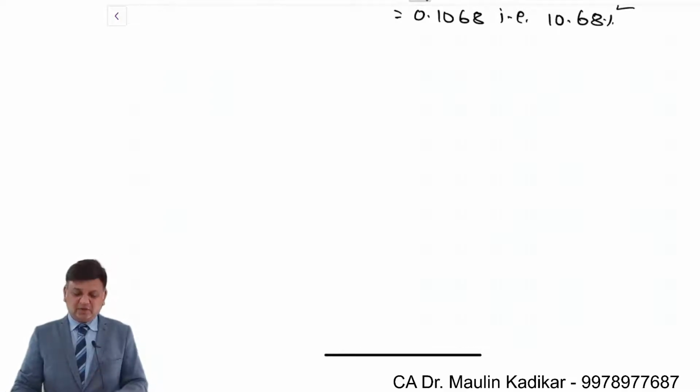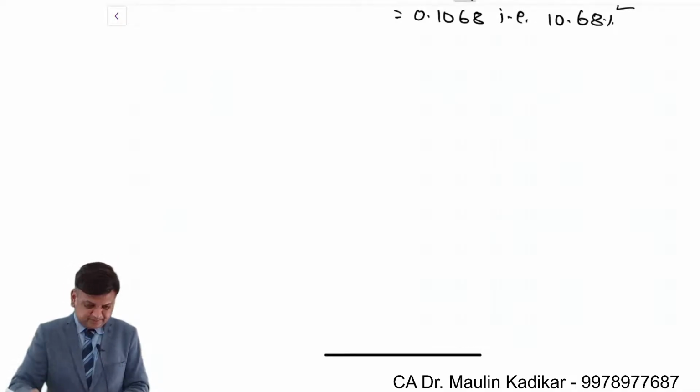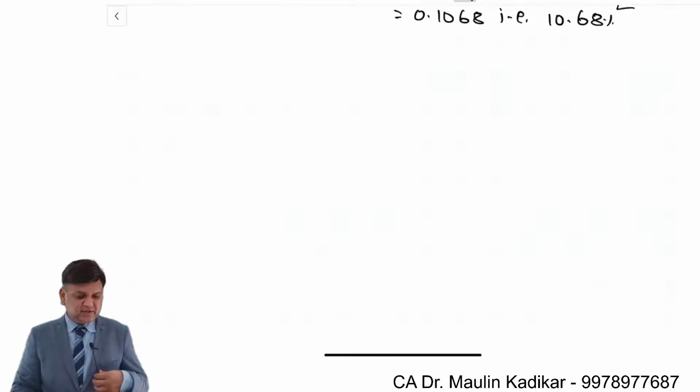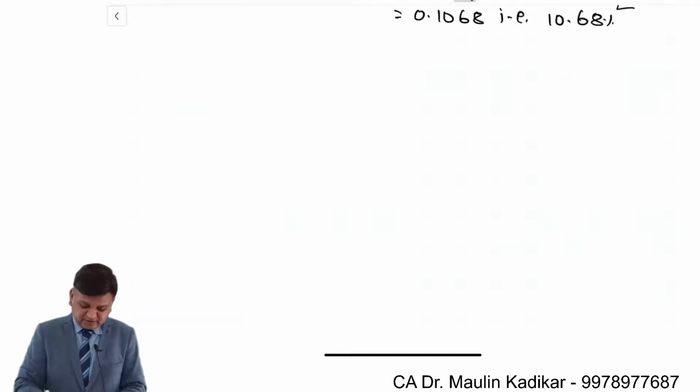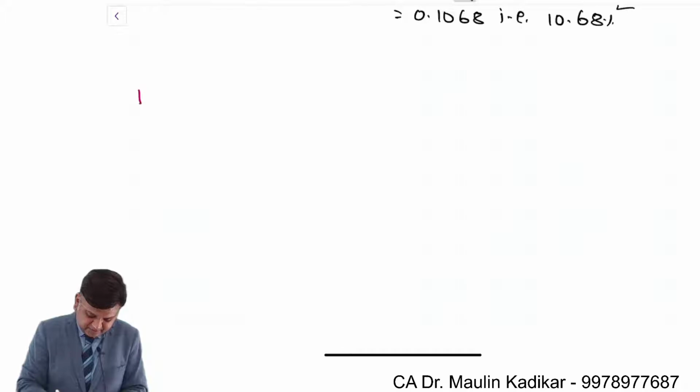So in case of dollar currency, it will be like this. For dollar currency, the 3 months rate of interest is given as 6%. So 1 plus 1 into 0.06 into 3 divided by 12.